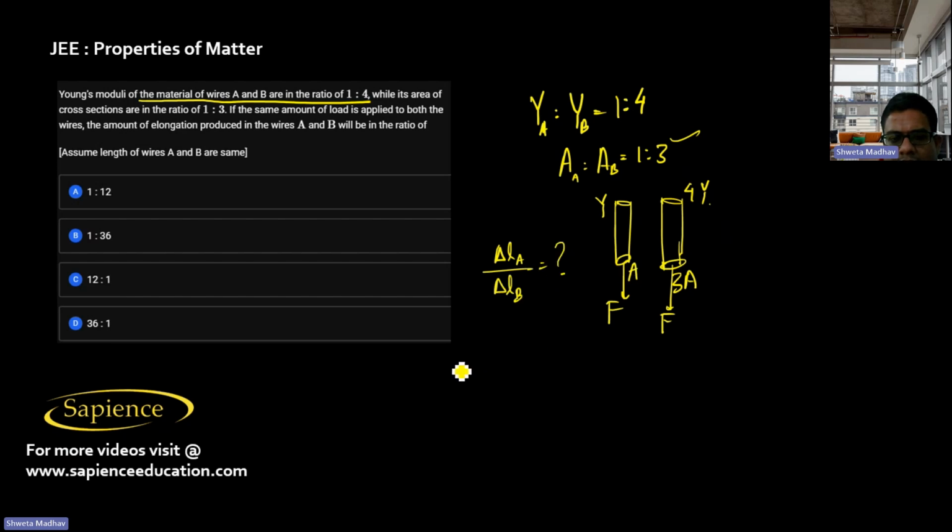So now you know that force is equal to YA by L into delta L. Or I can say delta L is equal to FL by AY.